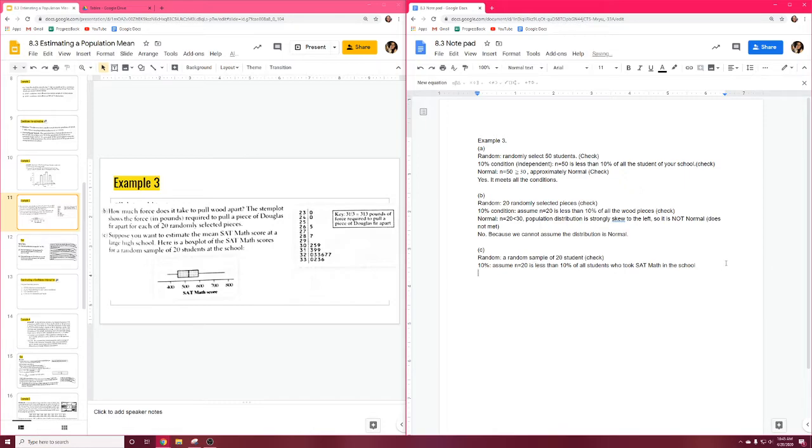Okay, and the last one, normal. So this one, n again equals 20, is less than 30, so you cannot assume, and we have to go to the population. Look at this box plot. I understand a lot of you say this box plot is skewed to the right because this tail is a little longer, but if you look at the main part, 50% of the data is over here, and this is our quartile 3, this is our median.